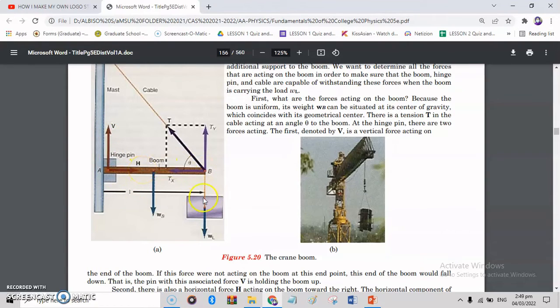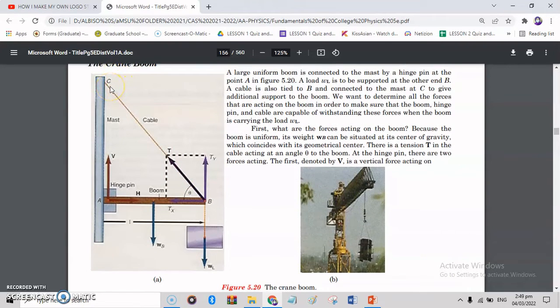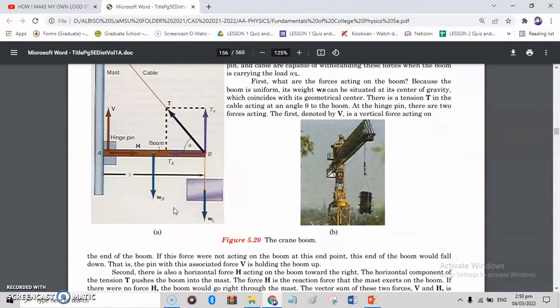Now, for WL, since something has to support it, there is a cable. In the cable, there is tension. The tension is at an angle, so we have Ty and Tx. So we have the equation along the y-axis: V plus Ty.